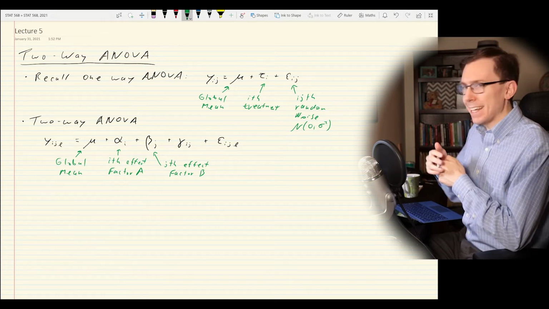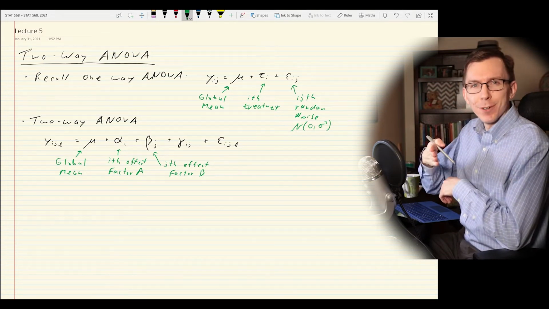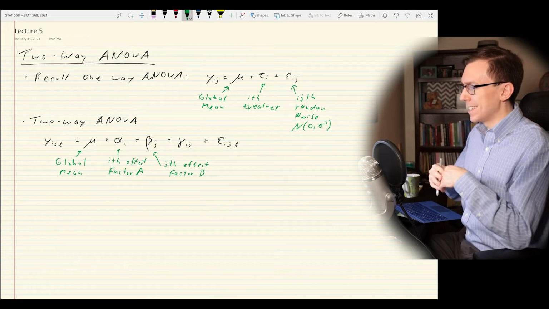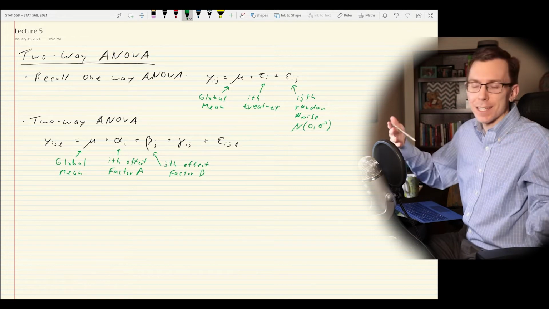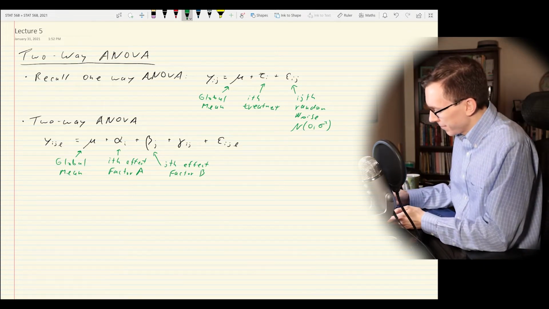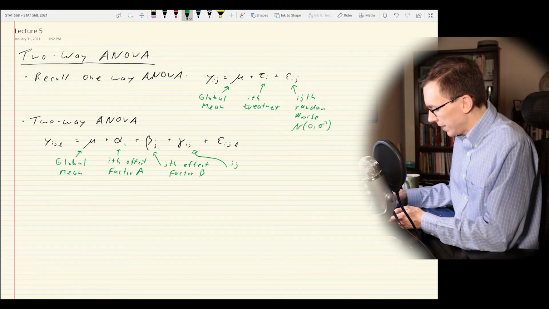And in this case, i is just going to tell us what level that factor is at. Is it, say, low dosage or 0, low, medium, high, for example? We're also going to have our gamma in here, which is going to be the ijth A cross B interaction.